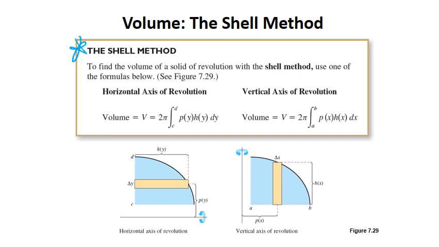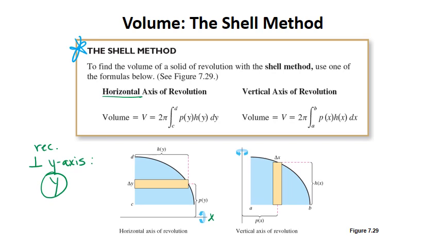So to find the volume, we either have a horizontal axis of revolution or a vertical axis of revolution. So this information is horizontal, this is vertical. So let's first talk about this horizontal axis of revolution. If we have this horizontal axis of revolution, like the x-axis, for example, then our rectangle is perpendicular to the y-axis. That means that everything is going to be in terms of y.